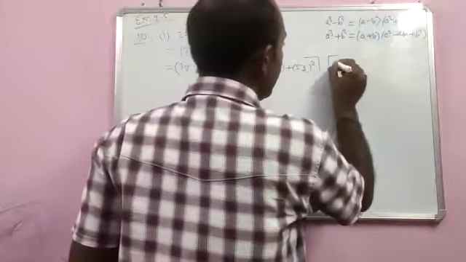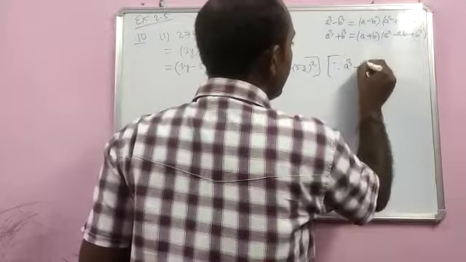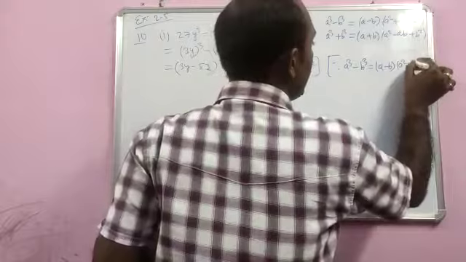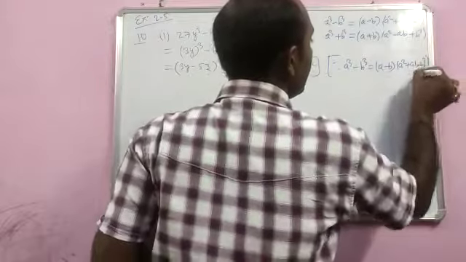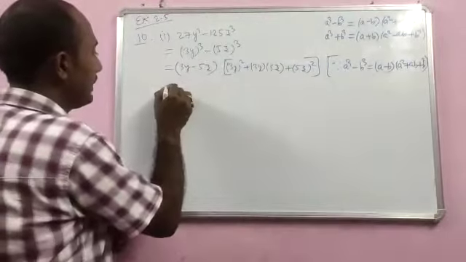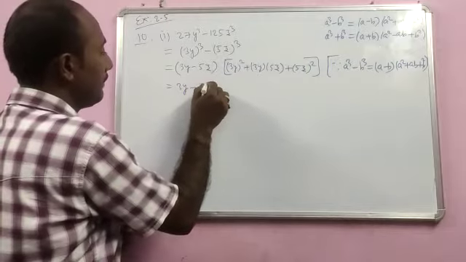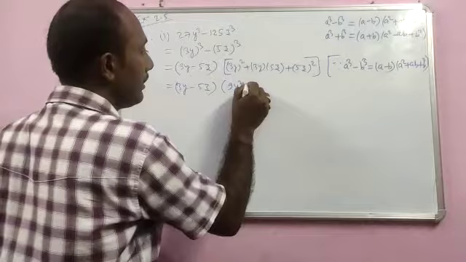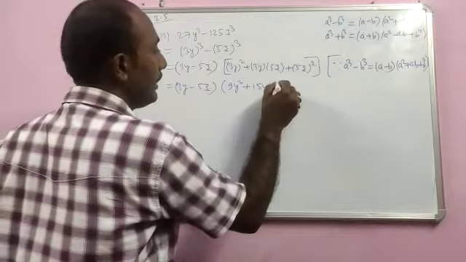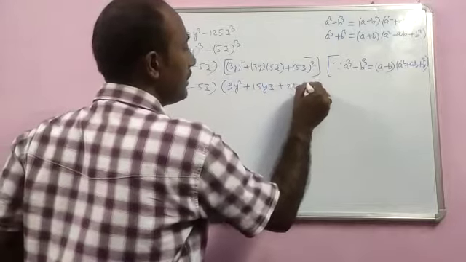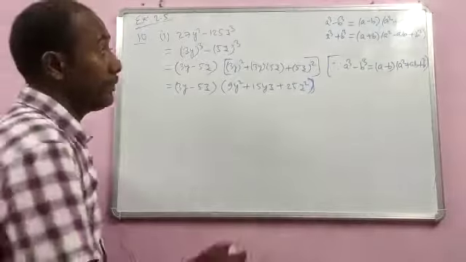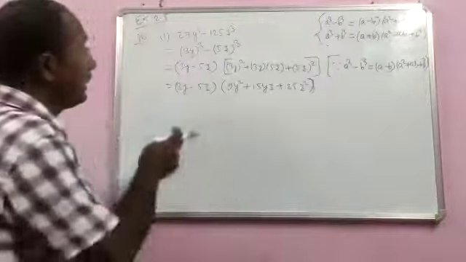Here we will give the reason: since a cube minus b cube is equal to a minus b into a square plus ab plus b square. So this becomes 3y minus 5z into 9y square plus 15yz plus 25z square. So you have to remember these two formulas to deal with such questions.